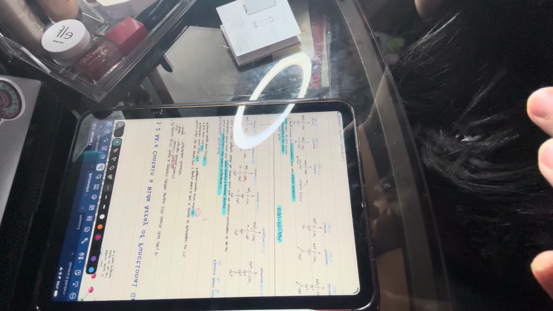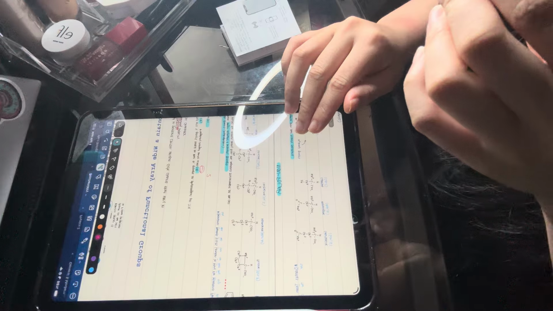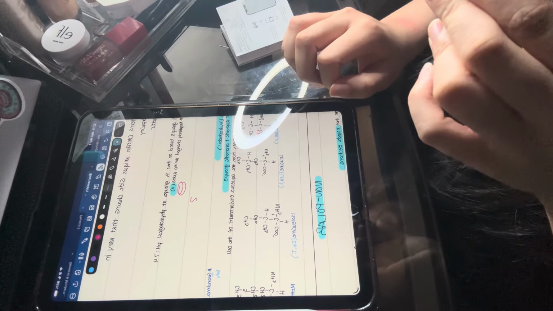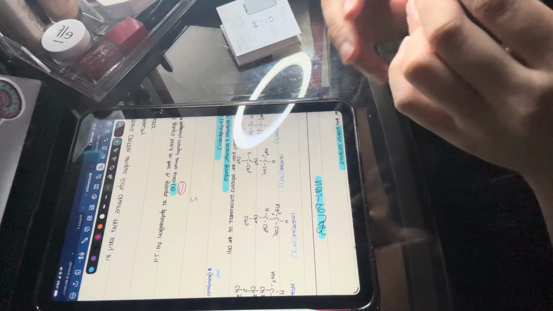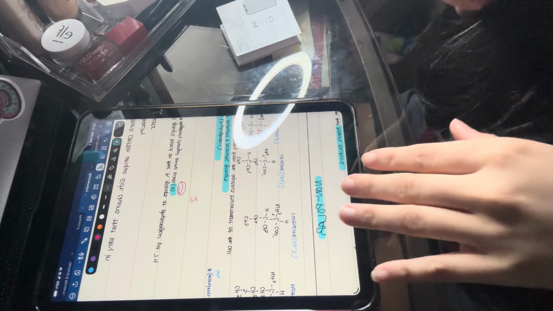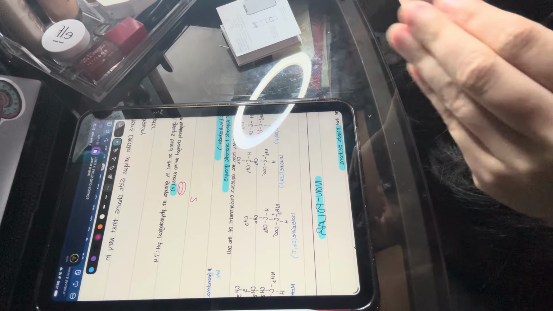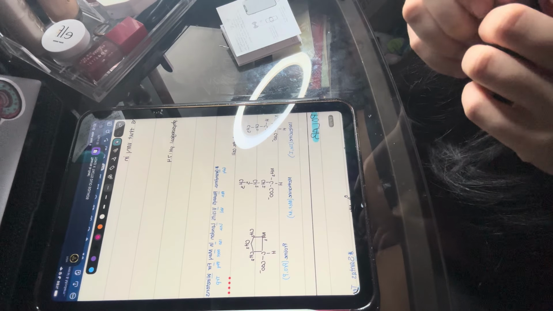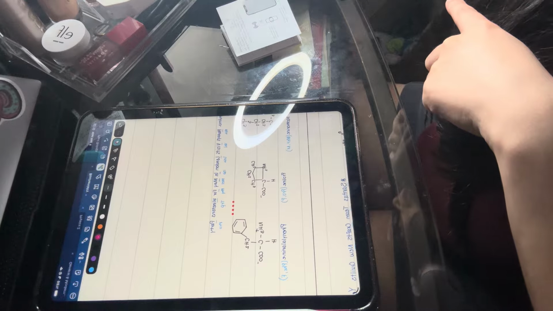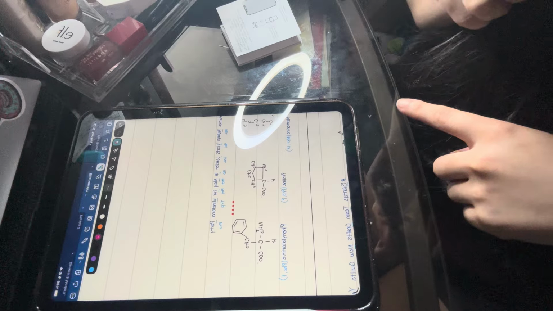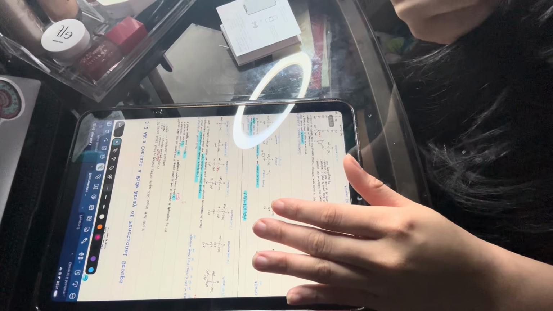Then we have alanine, then valine, then leucine, next, then phenylalanine. Those are the non-polar, or hydrophobic, amino acids.